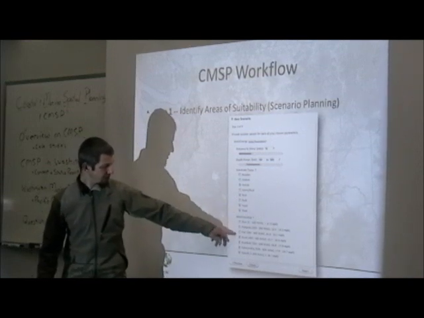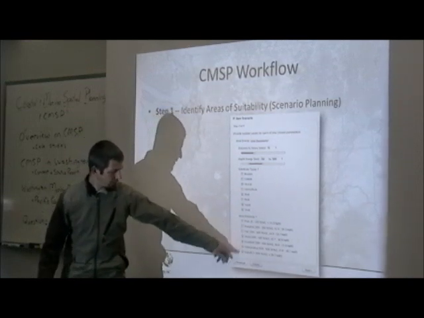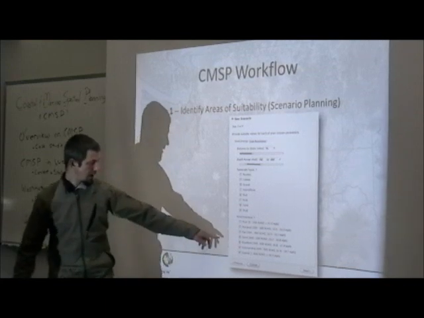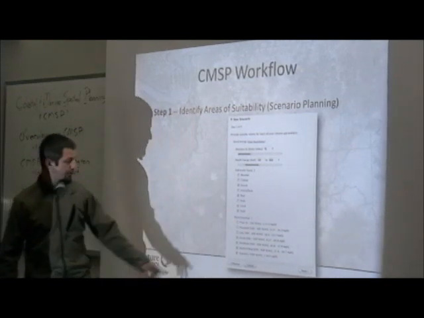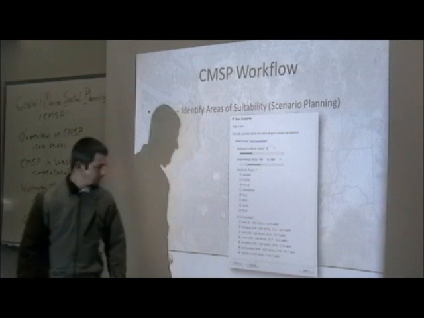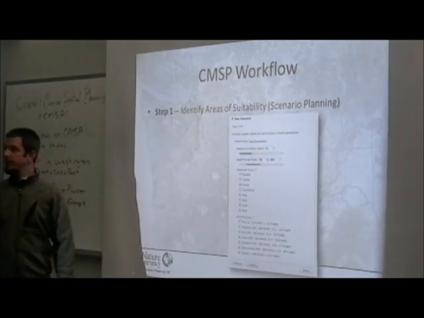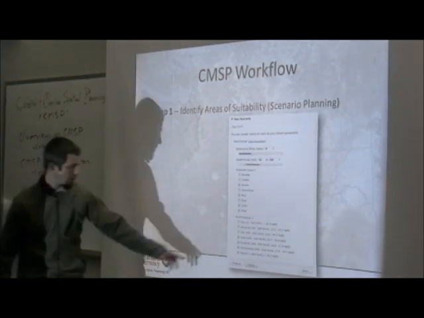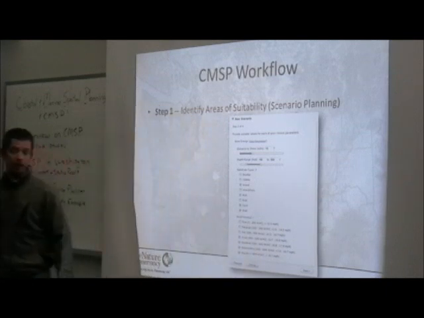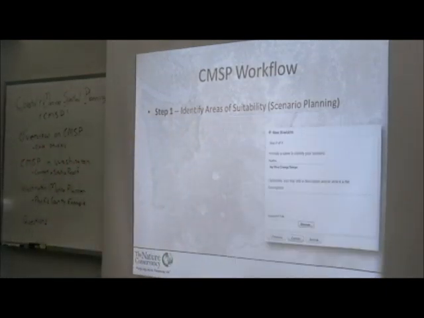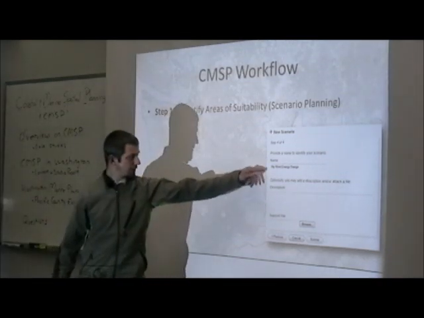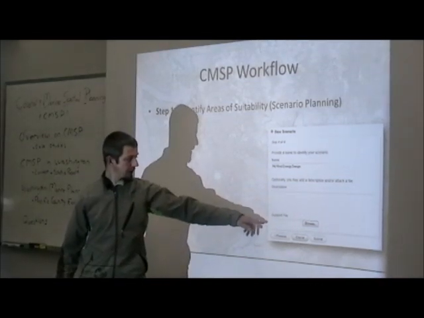And then wind potential, we want good all the way up to superb. And it gives it in various units. So good represents 15.7 to 16.8 miles per hour, all the way up to greater than 19.7 miles per hour for the superb.